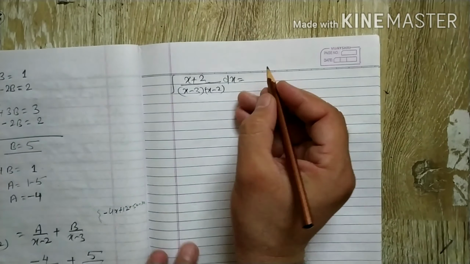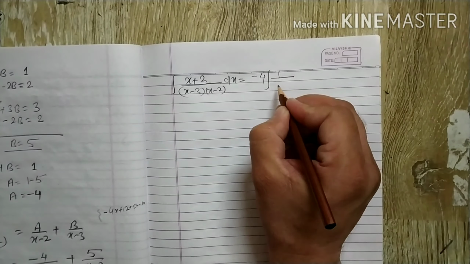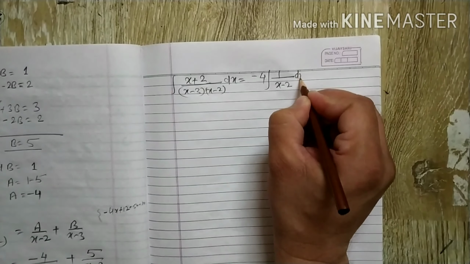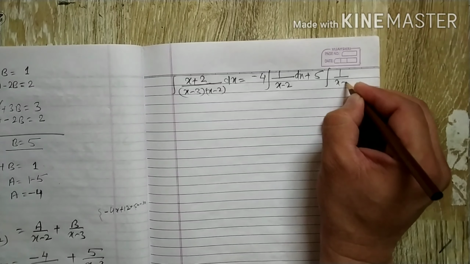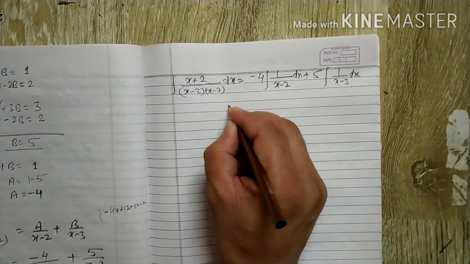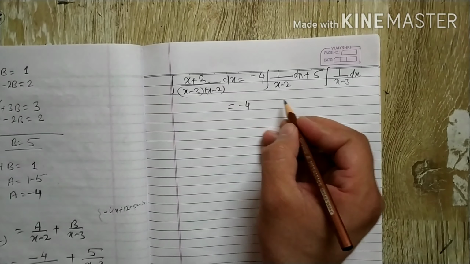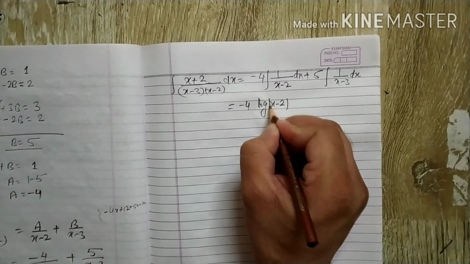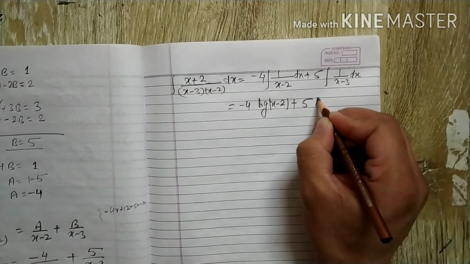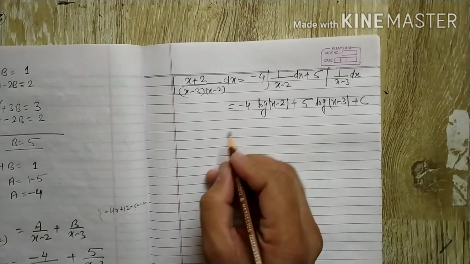Similarly, I can write minus 4 outside with 1 upon x minus 2 dx, and here 5 with 1 upon x minus 3 dx. We are observing the degree of x is 1 here, so the integration of this portion will be log of x minus 2, plus the integration of this portion will be log of x minus 3, plus the integration constant.